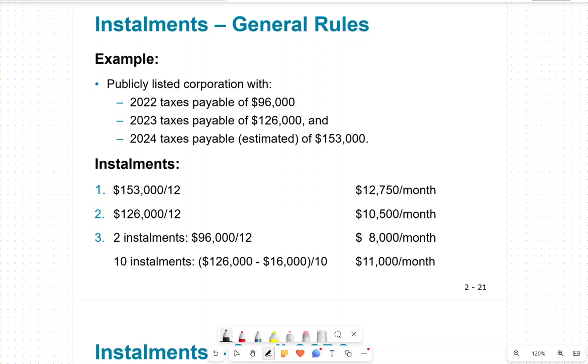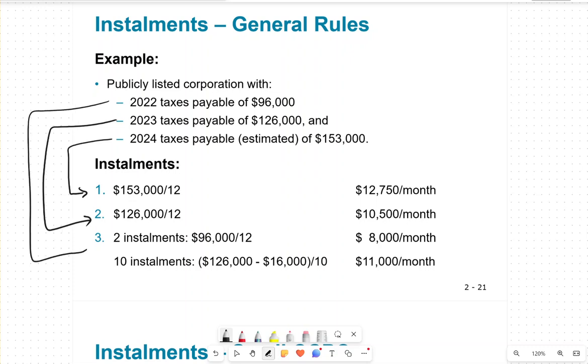So this is divided by the monthly payment: my current year, my first preceding year, and then my second preceding year. Your alternative number 3 is similar to individuals. What you're going to do is make your first two installments based on the second preceding year. This is your first preceding year.